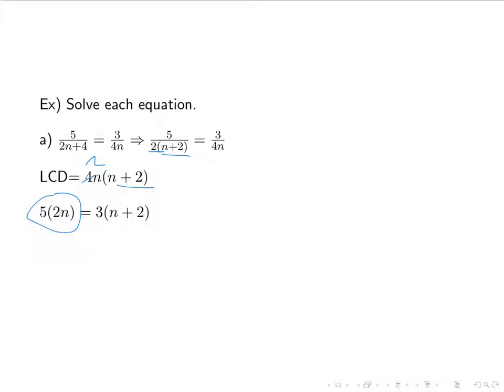For my second one, I have the 4n, so I need the n plus 2. So my 3 times n plus 2. Right, then again, we solve it. So 10n equals 3n plus 6. Bring the 3n over. And we get that n is 6 over 7.